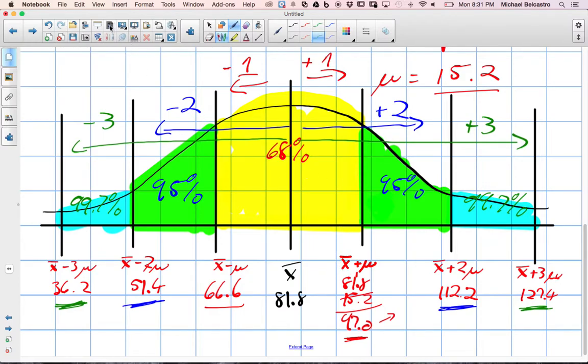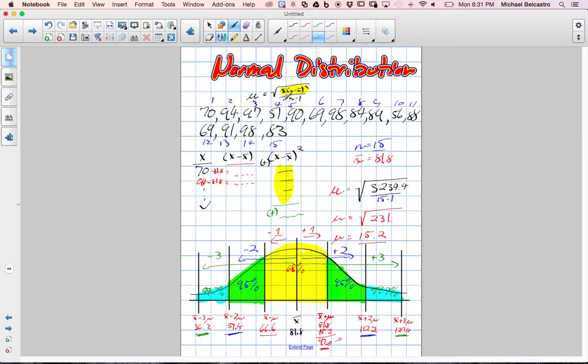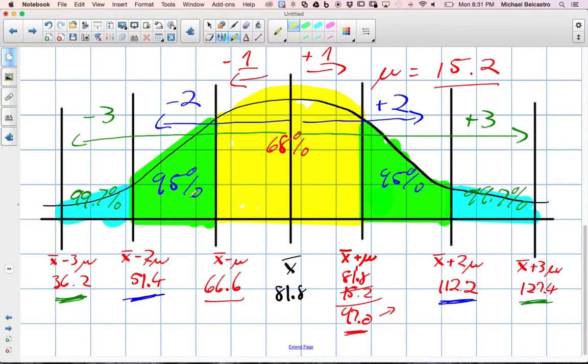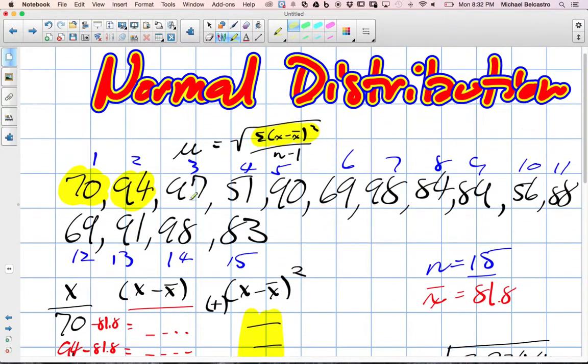What we can do to see how accurate it really is, we can test this by finding our data between 66.6 and 97 and finding out what percentage is really between it. So let's actually do that. I'll highlight in yellow. What is between 66 and 97? Okay, 70 is. Now, that's 97 on the dot.